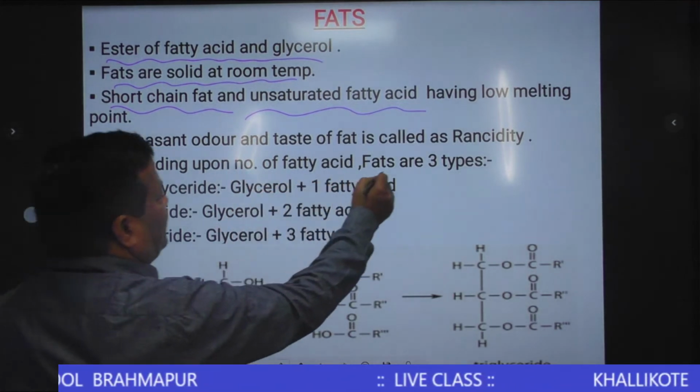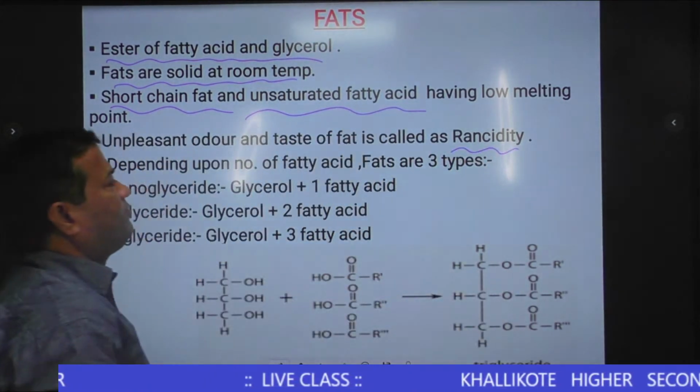Then another point is rancidity. This is a property of fats.